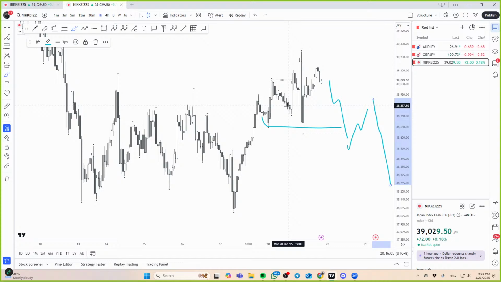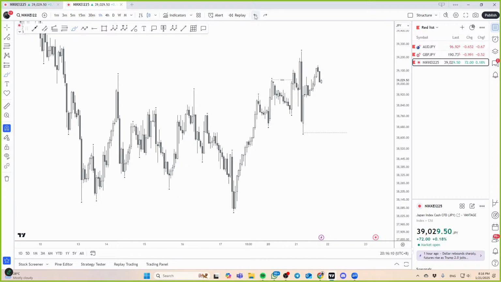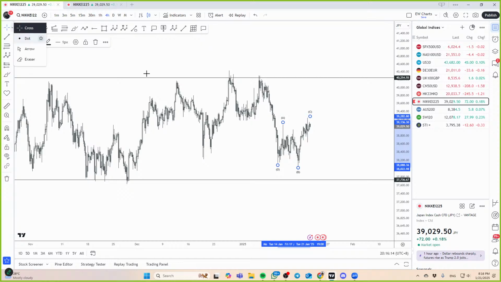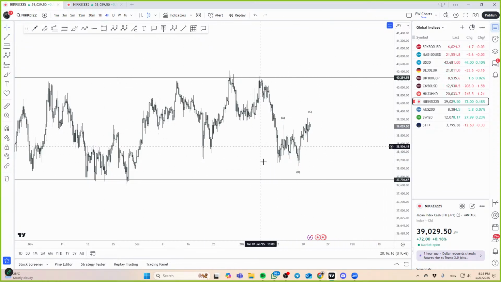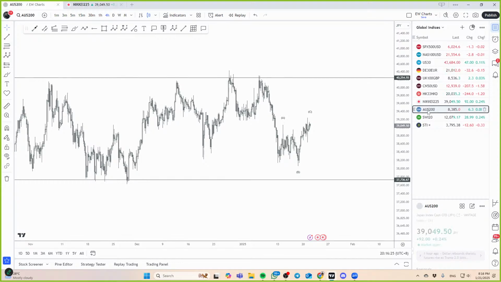It might need maybe another 2 to 3 days. If you're looking at indices, Nikkei itself might present something within the week. 2-3 days is somewhere between Thursday and Friday, and that might open up an opportunity. So that's on Nikkei.